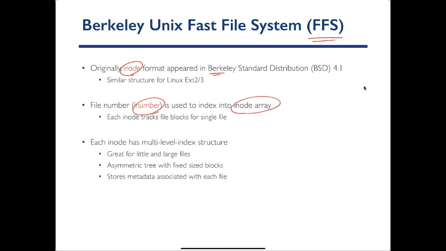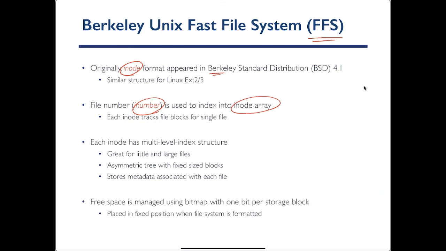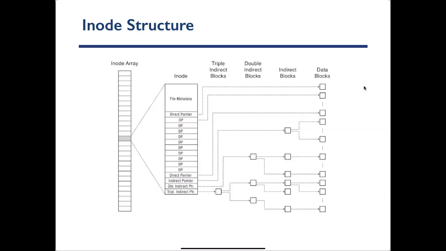So we have a flat representation, and we're going to change that to a tree. So that's basically where we're going with this. Free space is going to be managed with bitmaps. We'll talk about it.